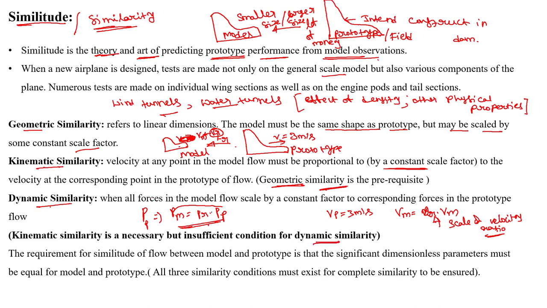So a perfect model needs all three similarity conditions to exist for complete similarity to be ensured. When we build a model, it should meet all these similarities, then it will be a perfect example for the prototype.